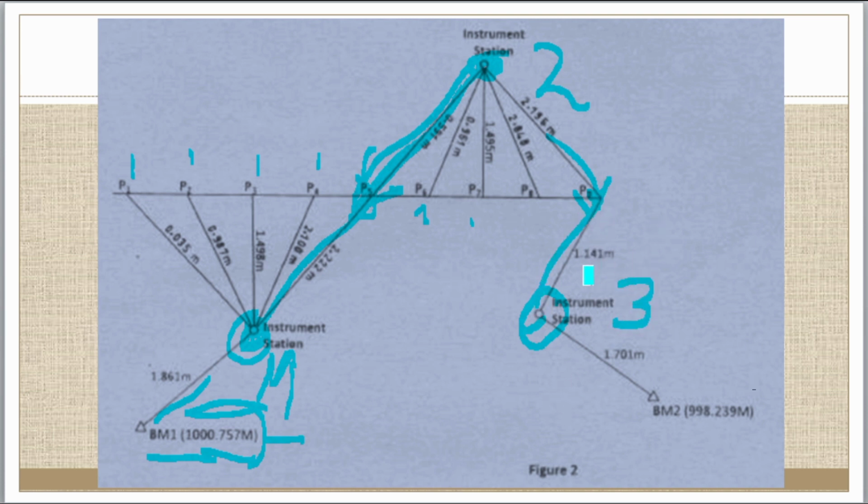Then this becomes our first reading taken on that position 3. Then we had our last reading taken to the benchmark 2. This diagram is similar to the one in the July series.